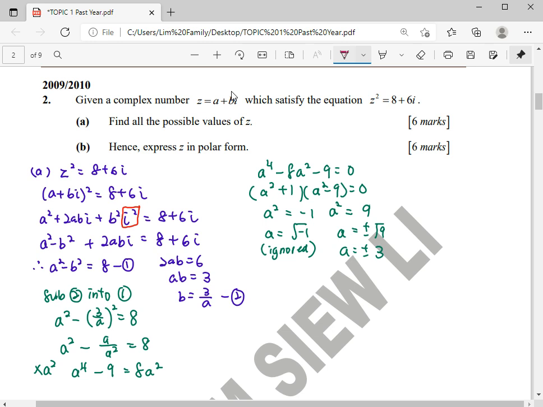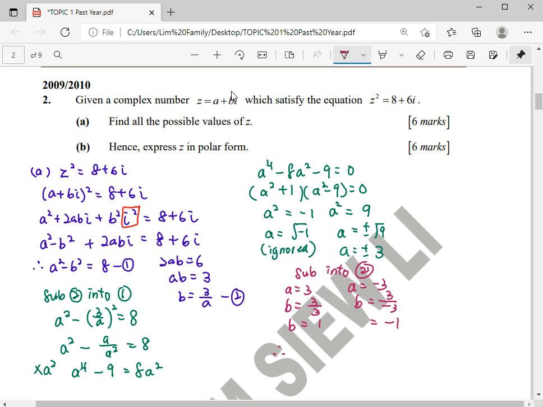Once we get our a value, positive negative 3, we can get back our b. Because we can substitute back into 2, where a equals 3, b will equal 3 over 3, so equals 1. When a equals negative 3, b will be 3 over negative 3, which is negative 1.